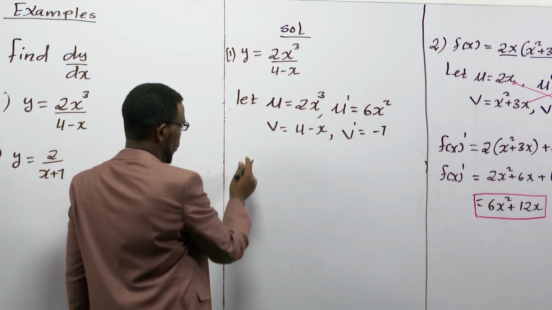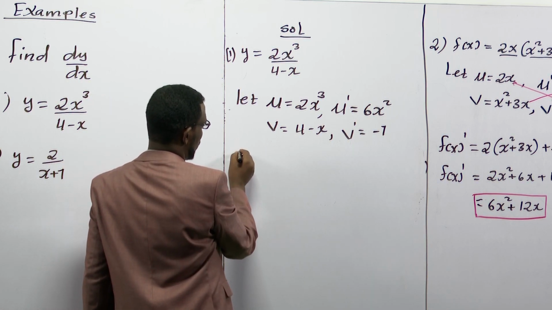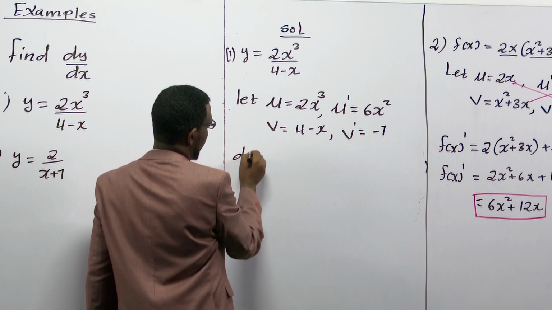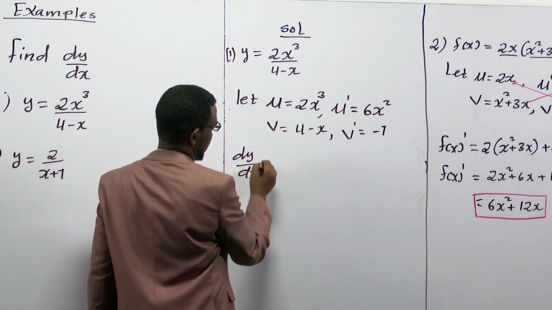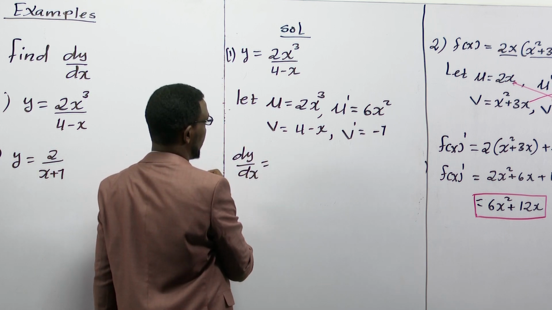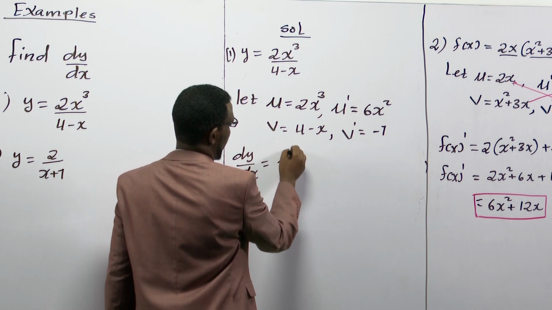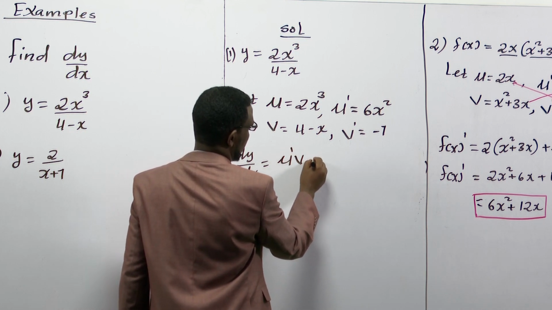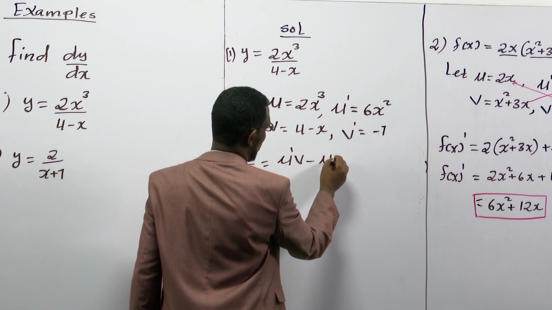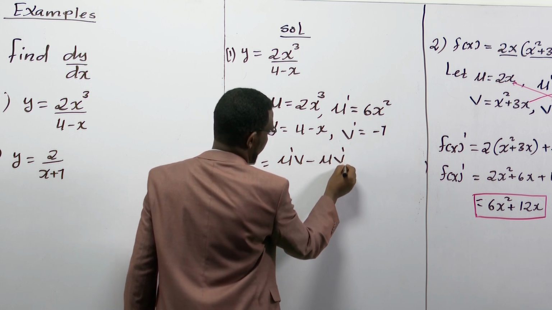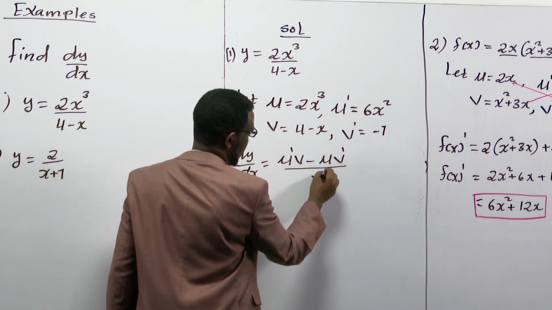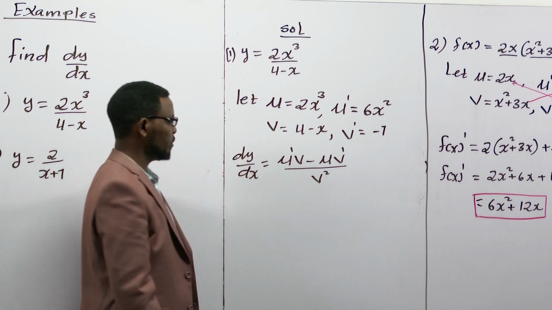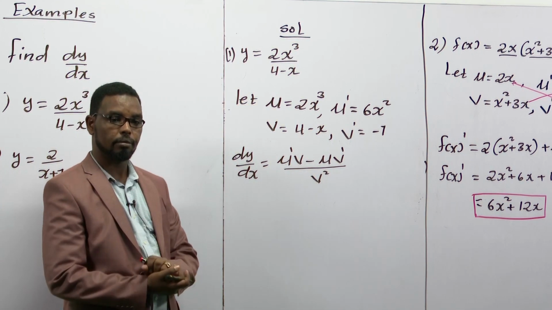Then, what will be our formula? dy/dx is equal to u prime times phi minus u times phi prime, divided by phi whole square.